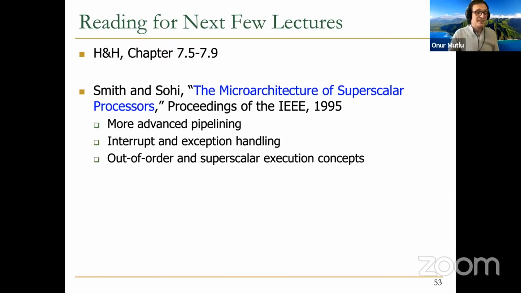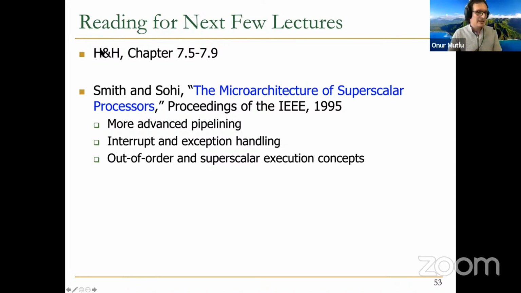So I have some more readings for the next few lectures, and clearly pipeline processors that I mentioned over here. But in the next few lectures, not just pipeline processors, but when we talk about out-of-order execution, this is a great reading that talks about the microarchitecture of superscalar out-of-order processors. I don't like the title. It should really be superscalar out-of-order processors. We're going to see all of the concepts covered in this paper.